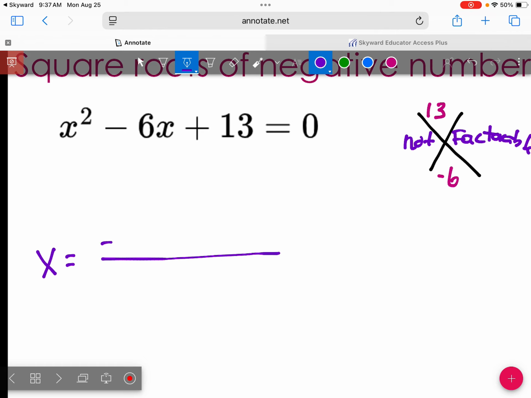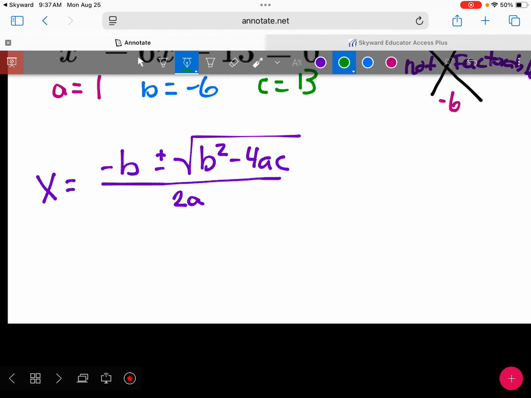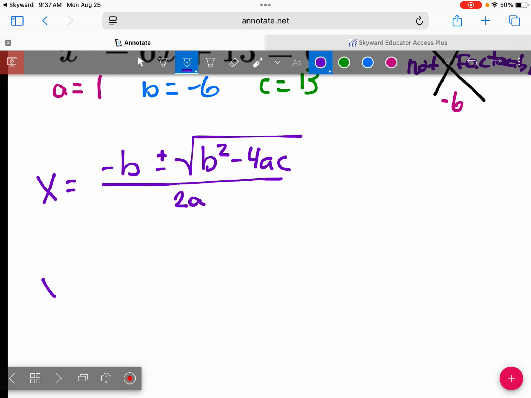So I'm just going to put our whole thing up. x equals the opposite of b plus or minus square root b squared minus 4ac divided by 2a. What is our a? 1. What is our b? Negative 6. And what's our c? 13. Substitute in our pieces. I know it feels like we made a big jump, I promise it's relevant.